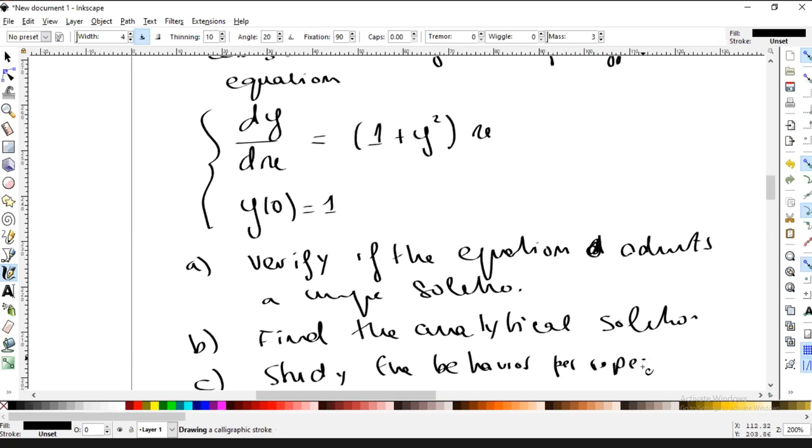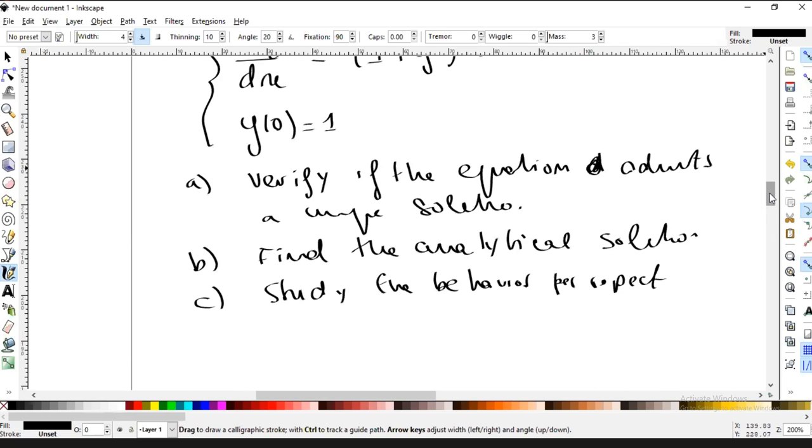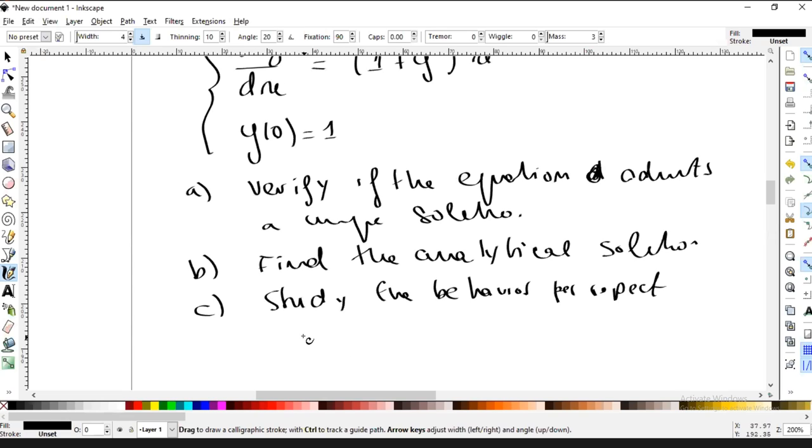These are the typical questions that you will get in the exam. And I can ask you to write a program of one of the methods.